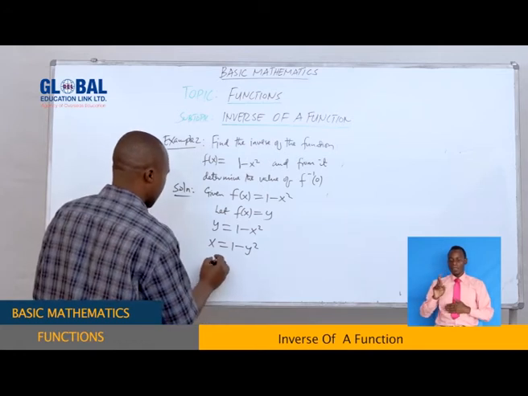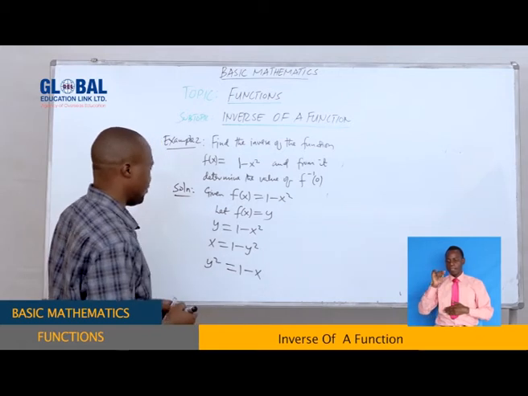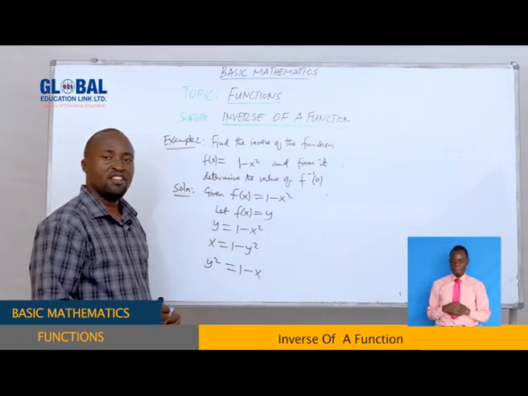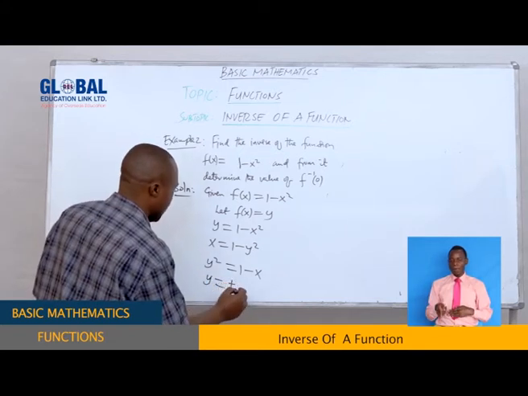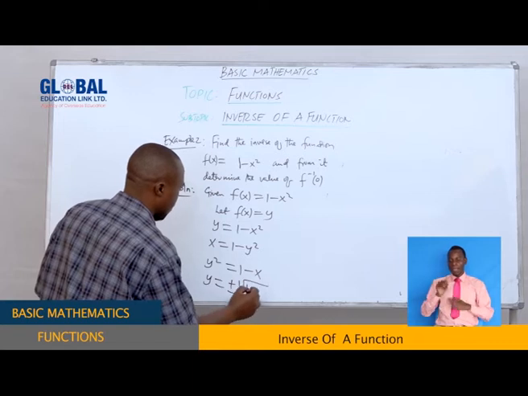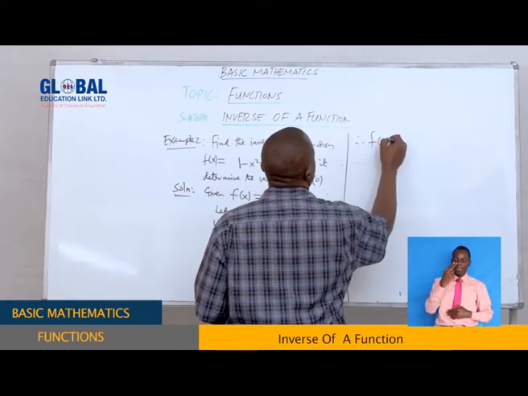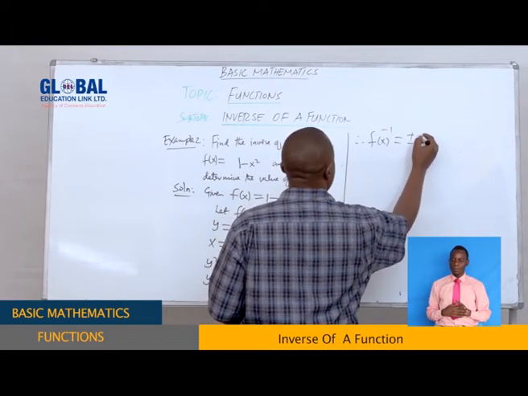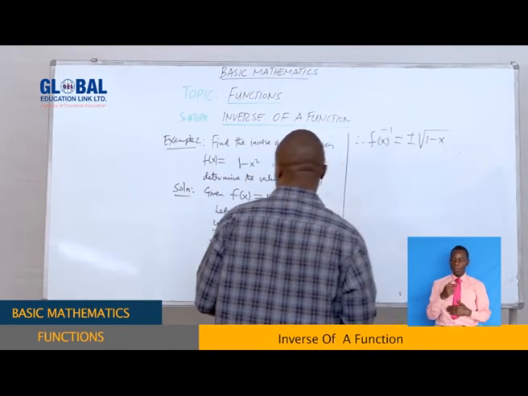That is y squared is equal to 1 minus x. So y will be equal to plus or minus square root of 1 minus x. f of x inverse is equal to plus or minus the square root of 1 minus x.